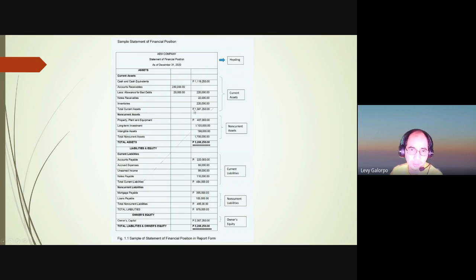So, kung nakita ninyo na iyong allowance for bad debts ang contra asset account, kayo ay tama. Diba? Pansinin nyo. Accounts receivable, less allowance for bad debts. So, 240,000 minus 20,000, kaya 220,000 na lang ang accounts receivable.